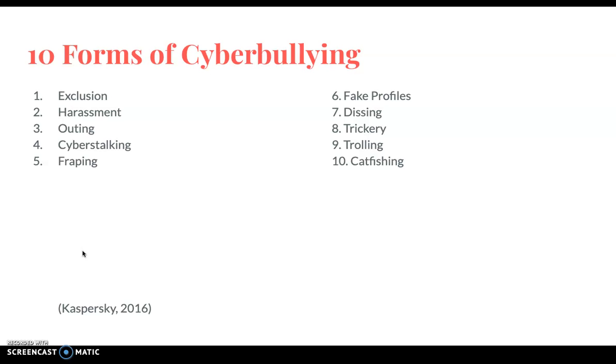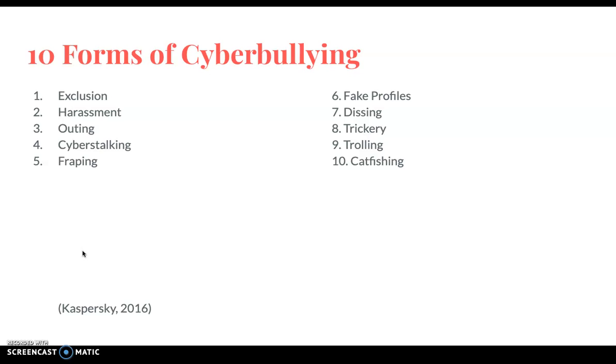Harassment. Outing, that is when you publicly humiliate somebody. That would be if you posted an embarrassing video or picture without their consent, or did anything that would embarrass them publicly.